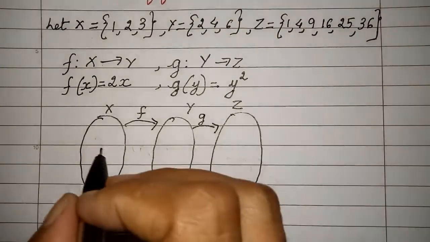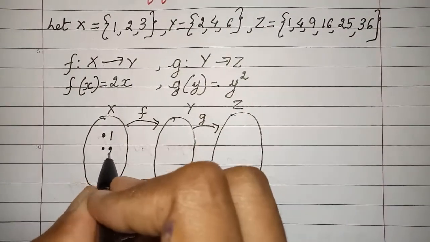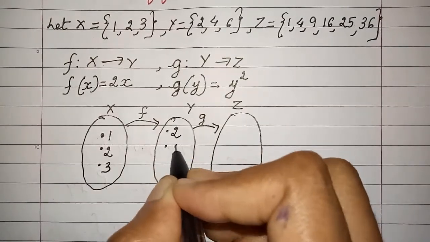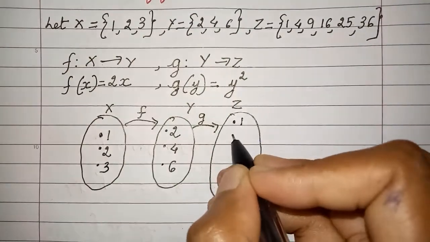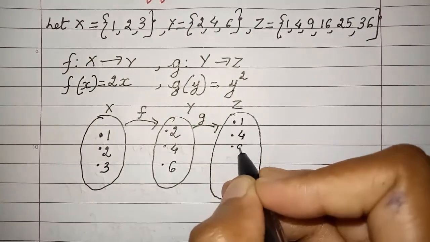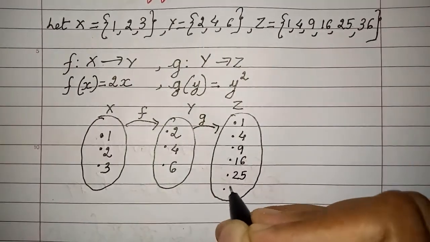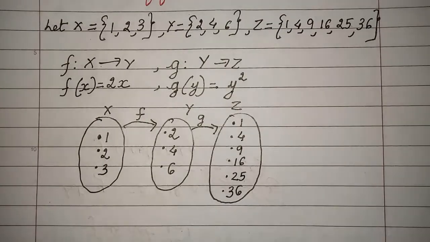Now let me write the elements. The elements of x are 1, 2 and 3. Elements in y are 2, 4 and 6. Elements in z are 1, 4, 9, 16, 25, 36. I have just represented the elements in the form of a diagram.